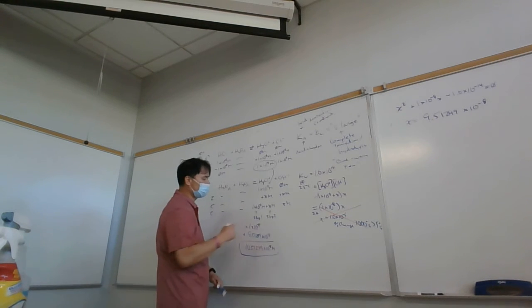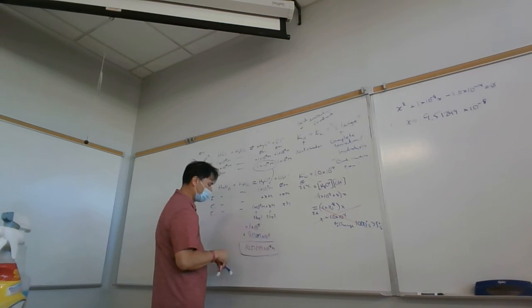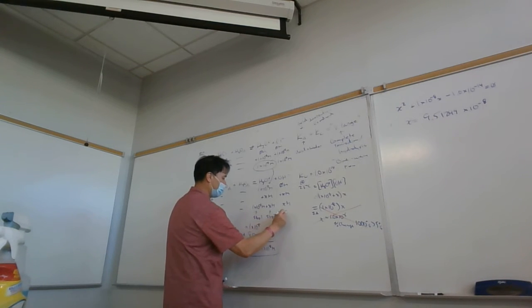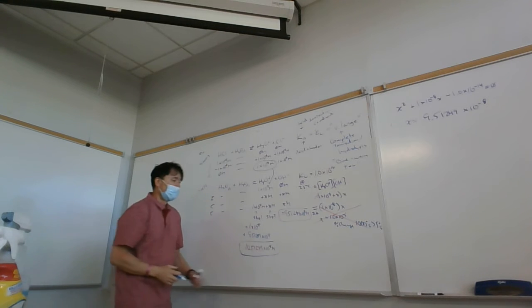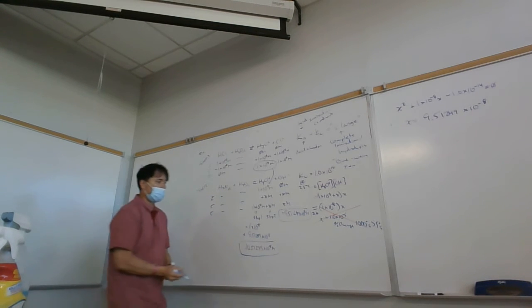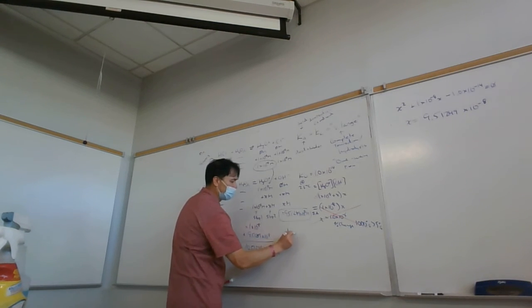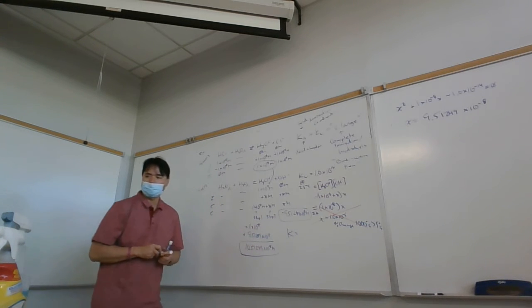And we're also going to form some hydroxide here. How much hydroxide are we going to form? We're going to form 9.51249 times 10 to the minus 8 molar hydroxide. All right, let's go ahead and check our K value to make sure that we didn't make any errors here.